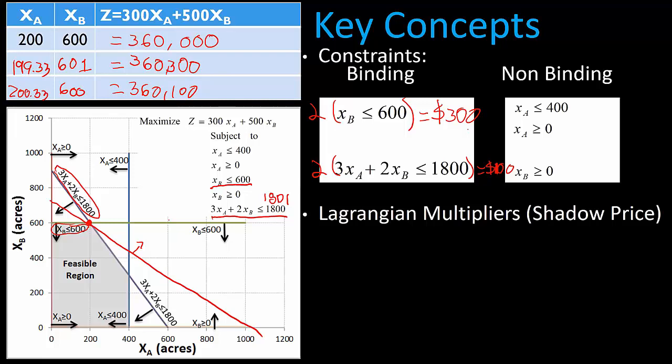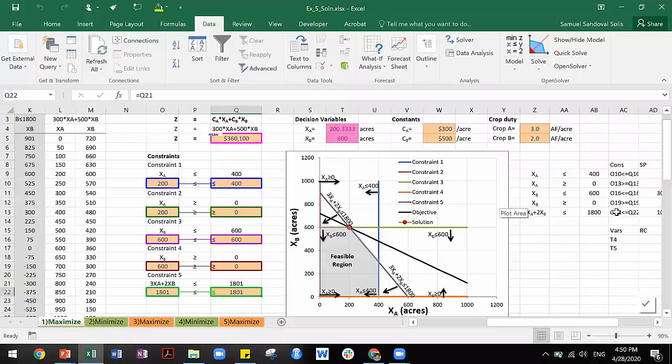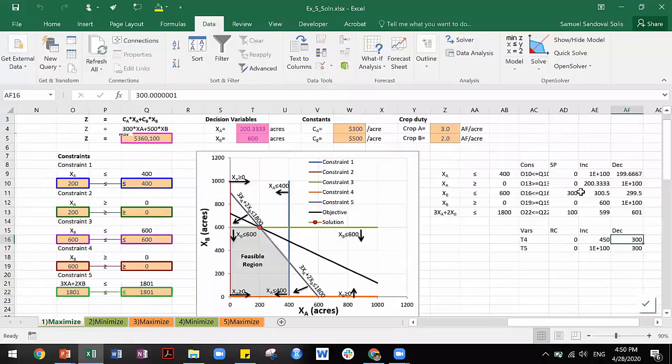Now, we also call that one the shadow prices. So the shadow price of the first one will be 300, and the shadow price of the second one will be 100. If you look at this, when we were solving this, those shadow prices actually appear in here.